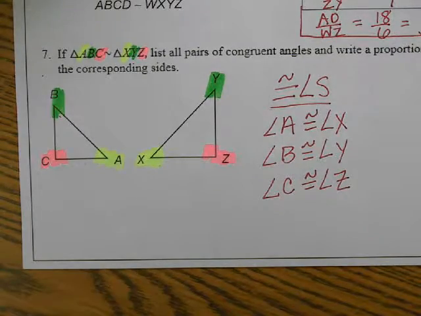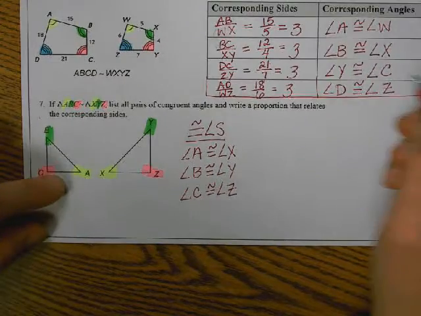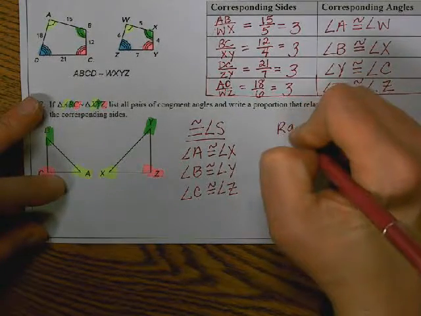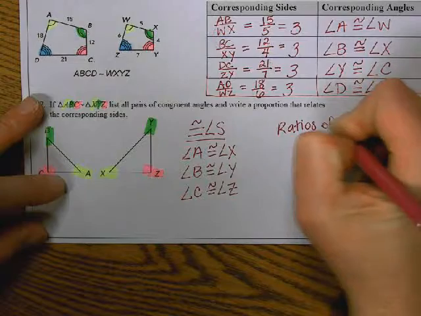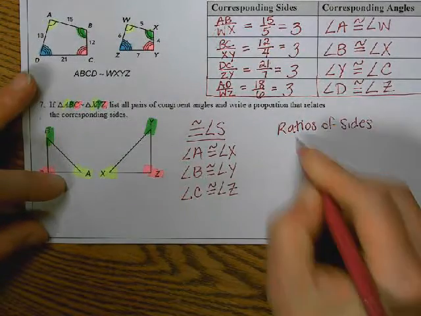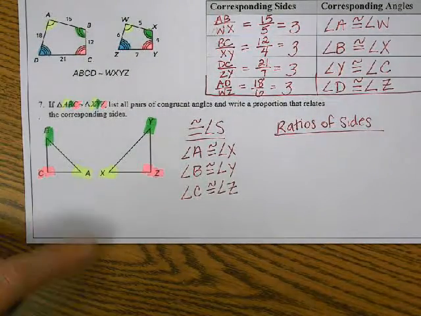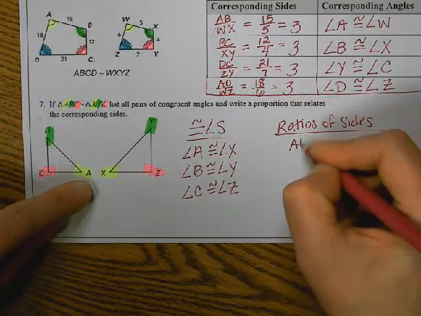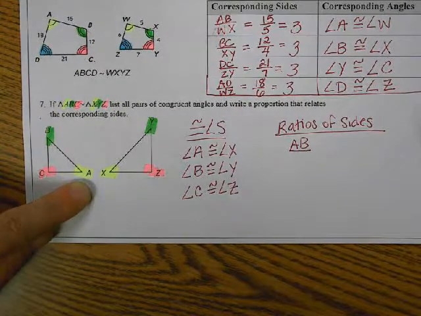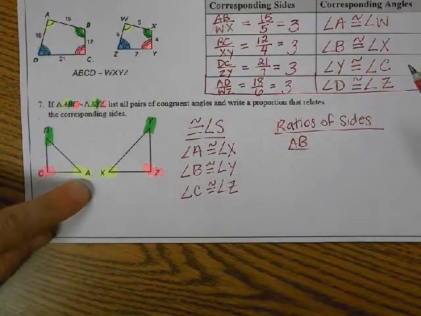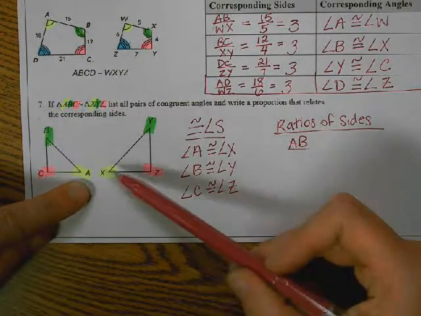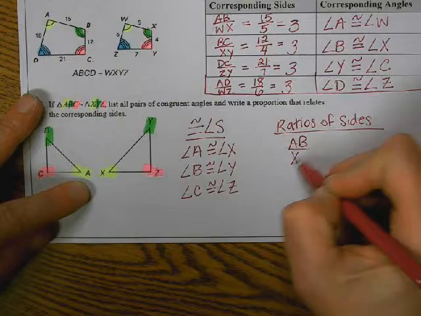And now we just need to write our ratios of sides. So our first one, let's do side AB goes over top of side what? Well, it's yellow, green, so yellow, green, XY.